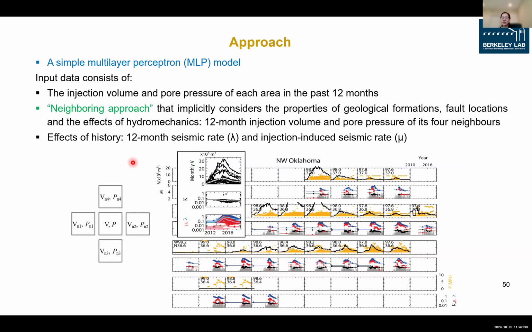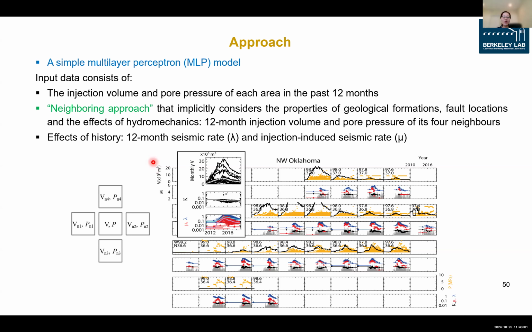Again, we're trying to use a simple machine learning model. The approach we're taking is one of the simplest machine learning models on earth, called a simple multi-layer perceptron model. Again, we thought it's important to properly consider, implicitly or explicitly, geological and geophysical features.